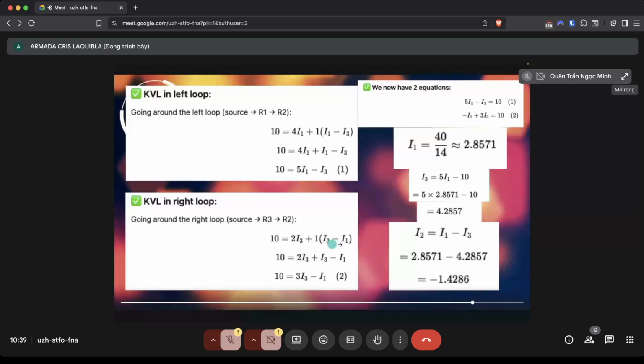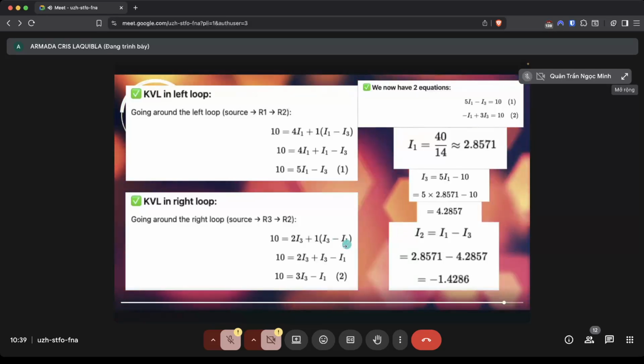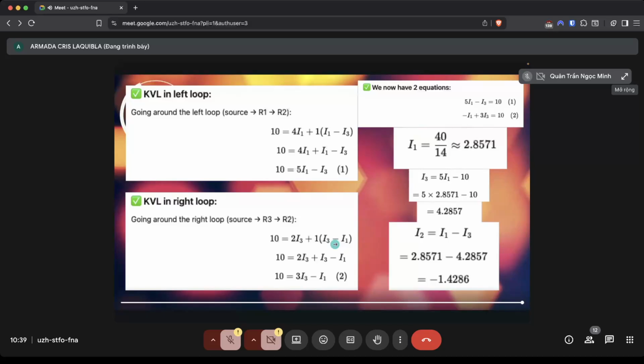You just interchange the I3 and I1 in the minus. So here I2 is equal to I1 minus I3, and here I change it. When you multiply a negative to your I2, class, it becomes I3 minus I1.